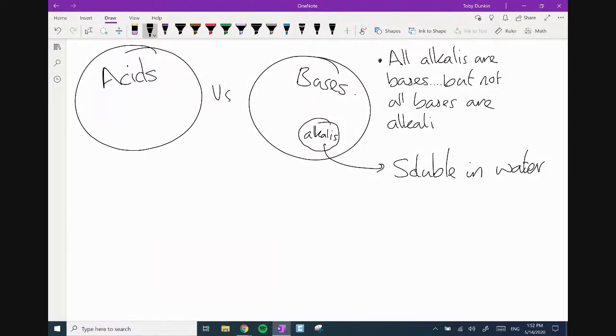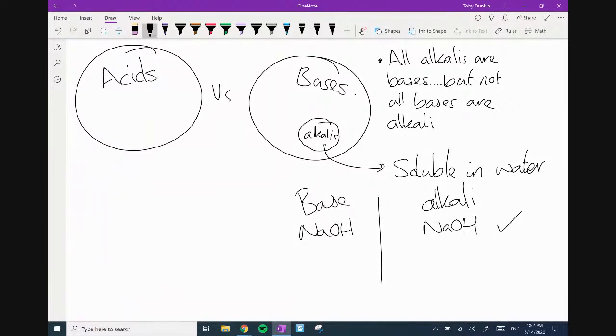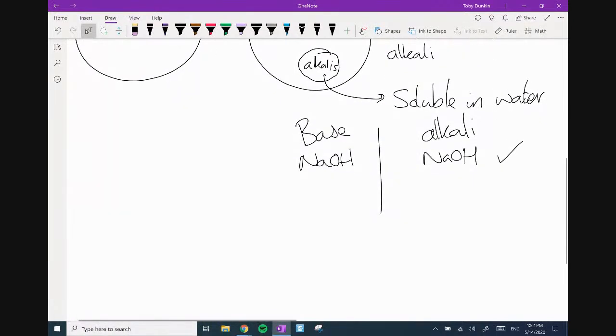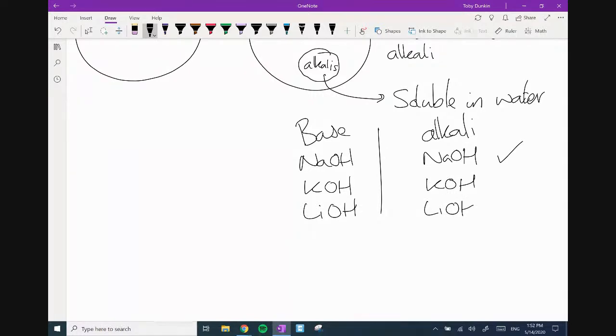So just to show you an example of what are the bases and what are the alkalis: sodium hydroxide, the most famous of all the bases, is also an alkali because it's soluble in water. And potassium hydroxide, all the group 1 hydroxides are all soluble, so they're all classed as alkalis.